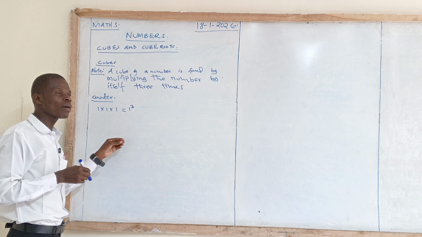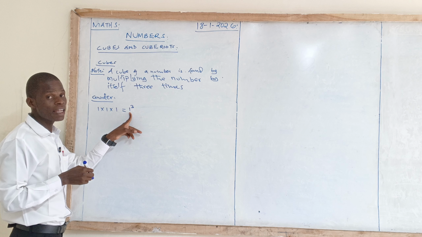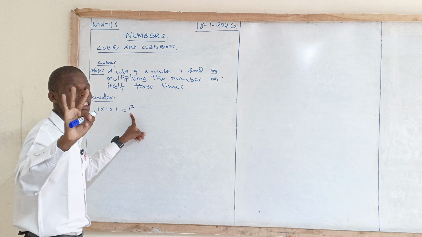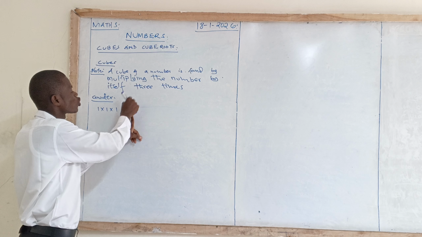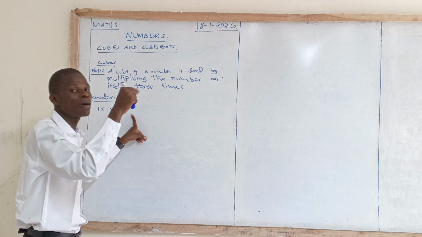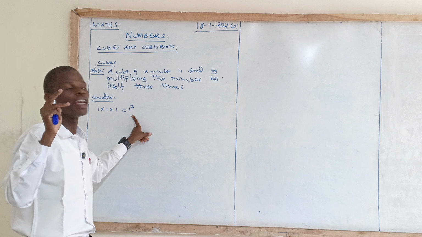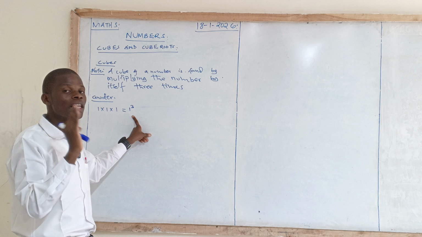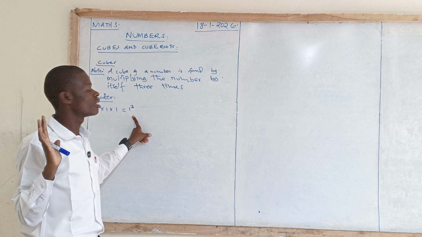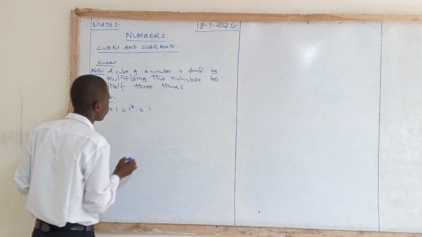So, instead of repeating ourselves, 1 times 1 times 1, we write 1, and since it is appearing 3 times, that 3 is written on top there. It is referred to as a power, but is cubed in this case. Power 3 is referred to as a cube. A number raised to power 3 is said to be cubed. That is what you need to understand. So, 1 cubed is now 1.